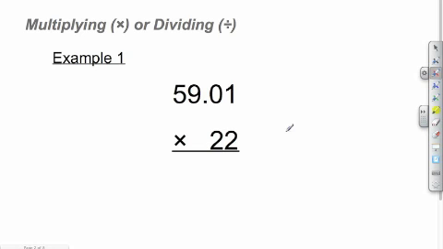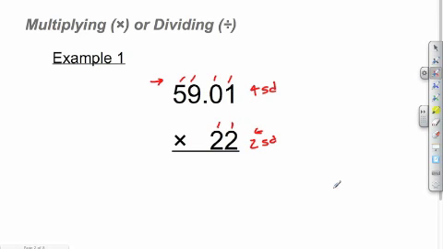Looking at 59.01, I've got 4 significant digits using the Pacific rule. 22, using the Atlantic rule, has just 2 significant digits. So between these two numbers, 22 has the fewest number of significant digits, and that is 2.